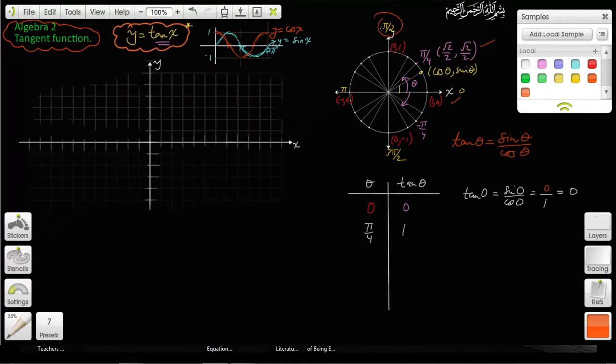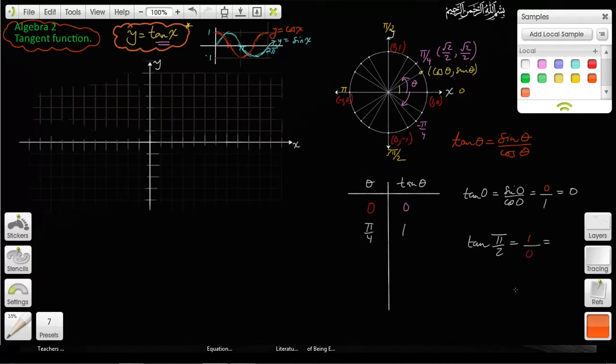Let's go over here to pi over 2, at 90 degrees. Tangent of pi over 2 or 90 degrees is going to be sine of pi over 2 over cosine. Sine here is 1, and cosine over here is 0, and we immediately recognize a problem.